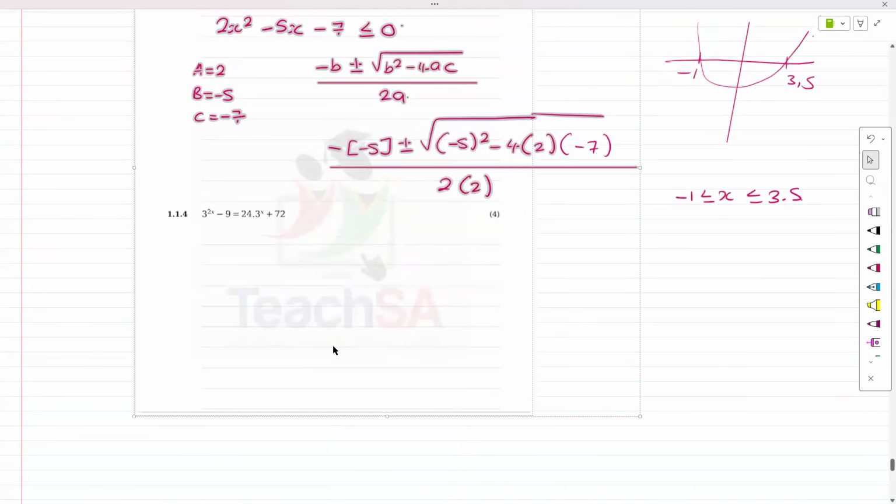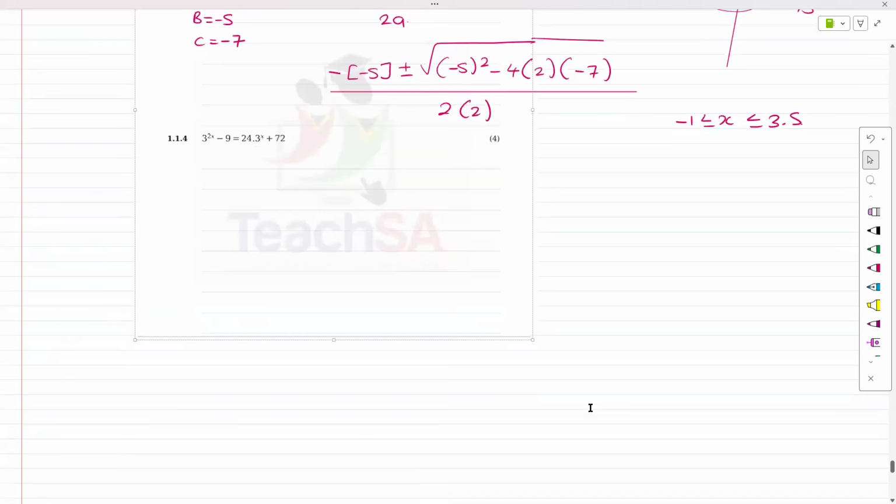The next one, okay, we can consider the next one to be a little bit of a level 4 question, maybe. There's no need for us to stress or panic, but we can use our same method. Let 3 to the x equal k.